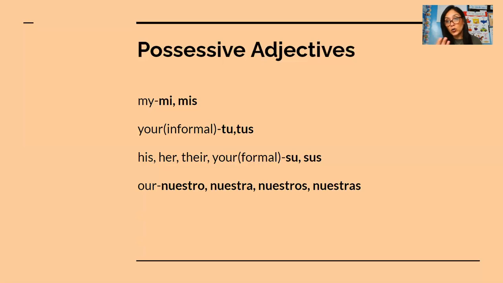To say our, and it's singular, our marker, nuestro marcador. Marcador is masculine, so I say nuestro. If I wanted to say an object that's feminine, like goma, an eraser, and I want to say our eraser, nuestra goma.